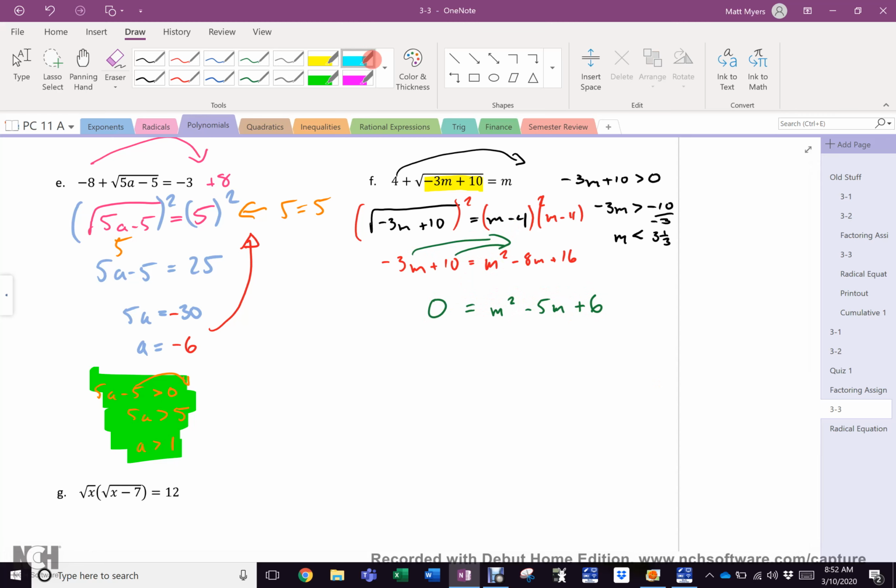And now that looks like something you've done to death. What do I do every time I see that type of trinomial? What do I try to do? Factor it. I have to multiply to what? And add to what? What is it? -2 and -3.